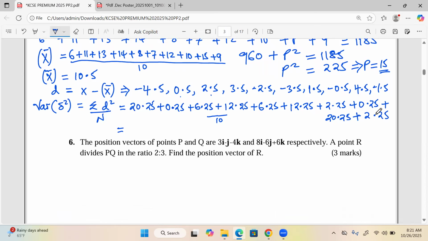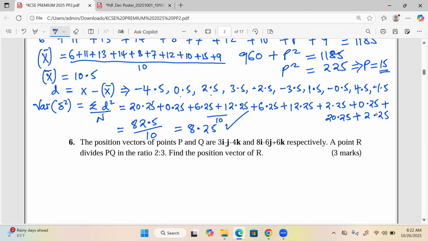This is exactly 82.5 out of 10, and this shall give us 8.25. This is now the variance.